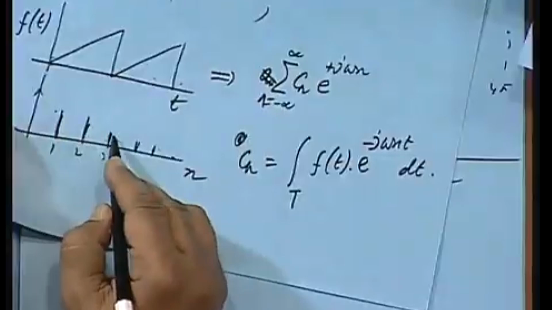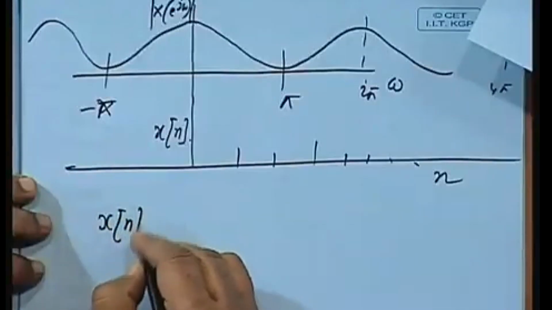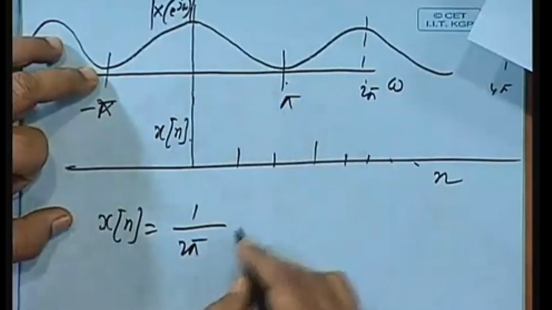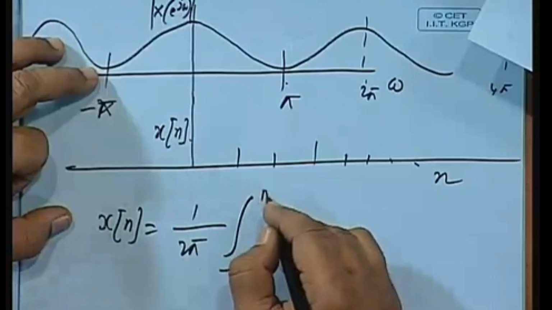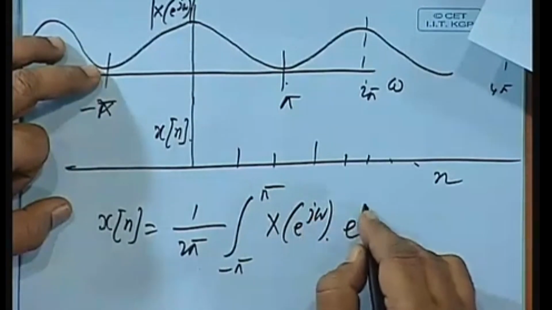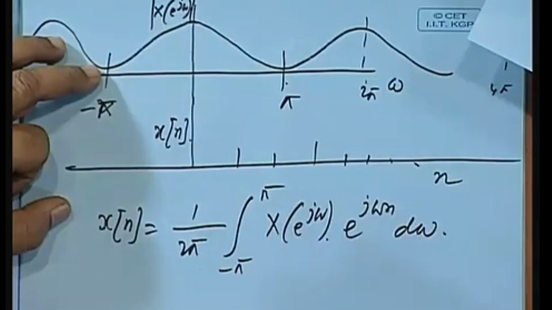So, in the time domain, if it is periodic, the corresponding frequency domain constants are evaluated from here, divided by T. In this case, by the same argument, I can evaluate xn. What is the periodicity? 2 pi. So 1 by 2 pi, integral from minus pi to plus pi, X e to the power j omega, times e to the power, now I will take plus j omega n d omega, and that will give me xn.